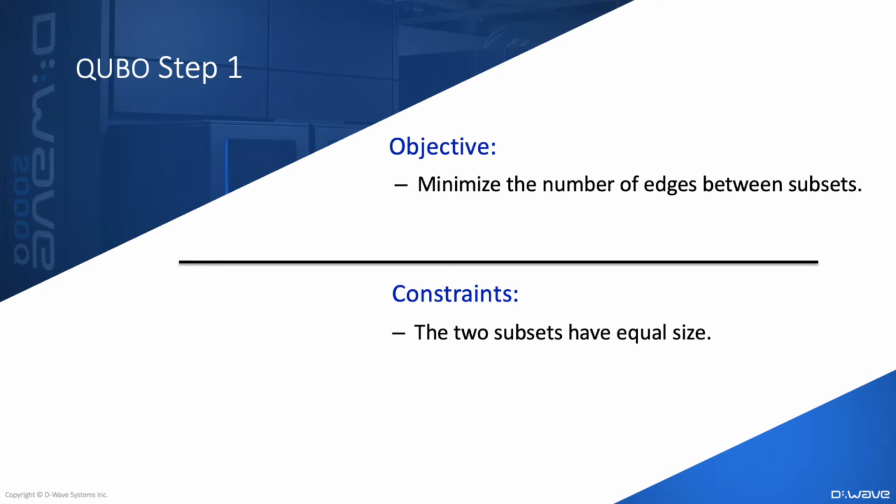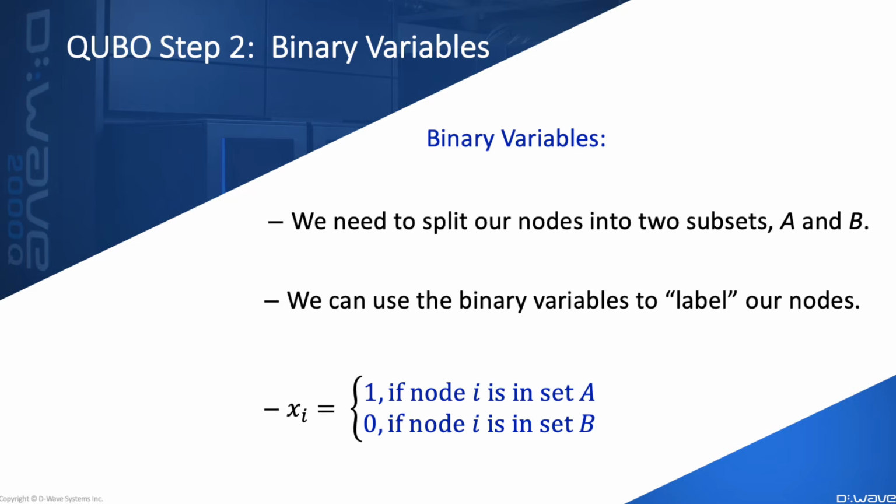Okay, so QUBO step 1, get our objective and constraints. In this case, the objective is minimize the number of edges between the subsets, so we'll have to count those. And finally then, the constraint is the 2 subsets have equal size. And for the binary variables, step 2, we need to divide our nodes into 2 subsets, A and B. So let's use binary variables to label our nodes.